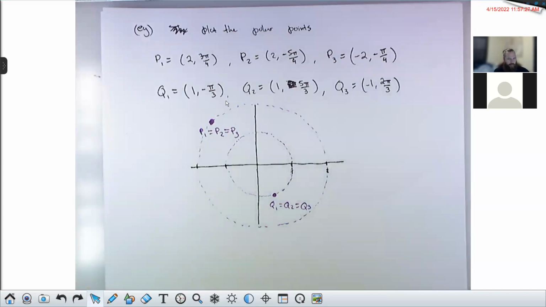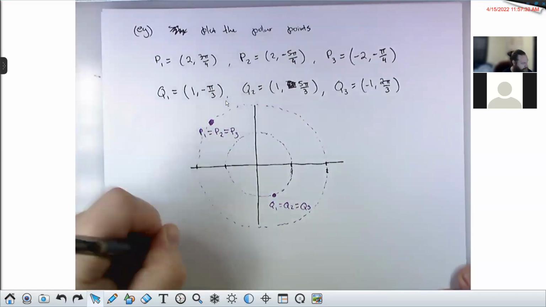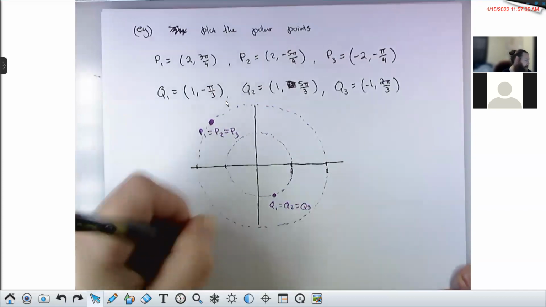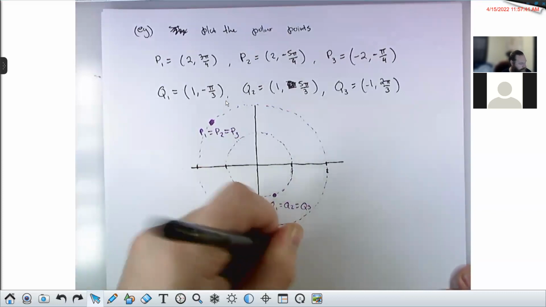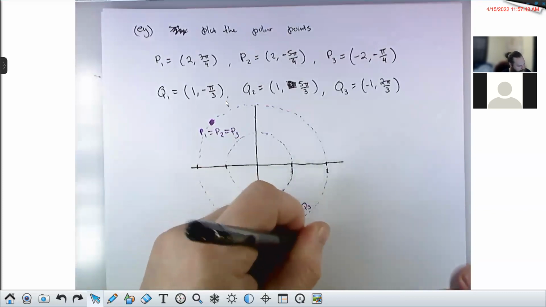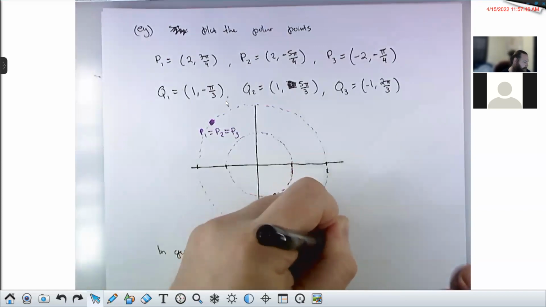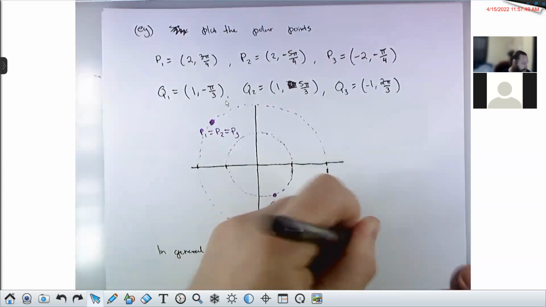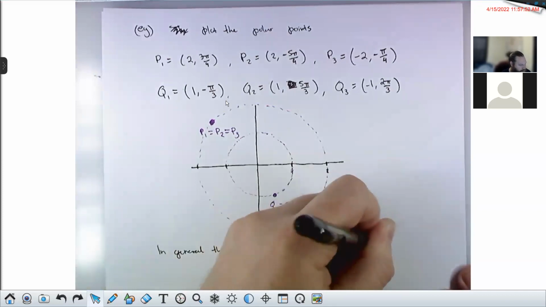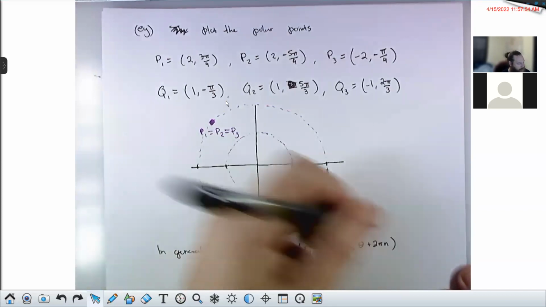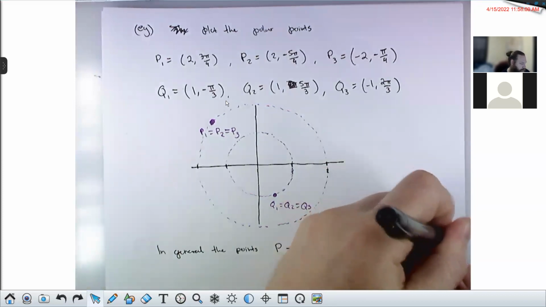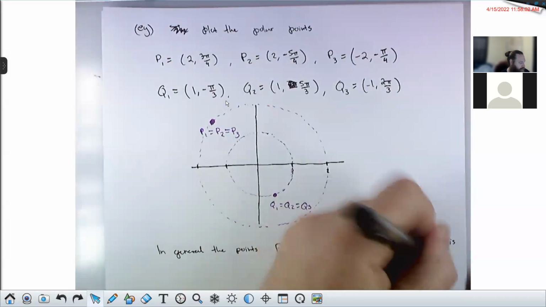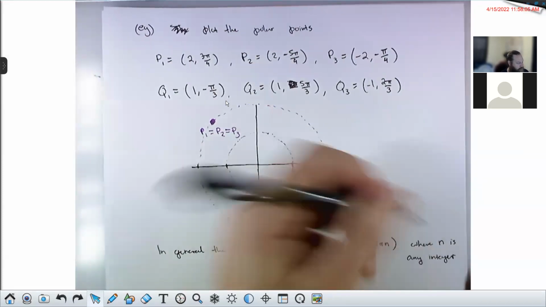So let me talk a little bit about what's going on here. In general, the points P equals R, theta are the same as R comma theta plus 2n pi, or 2 pi times n, where n is any integer, positive or negative.